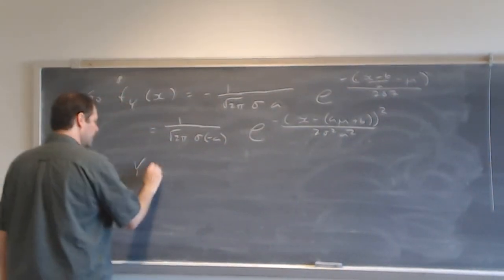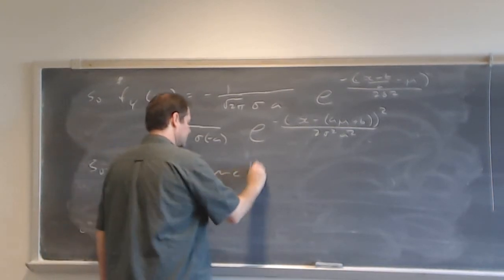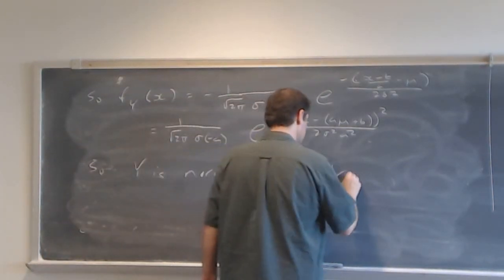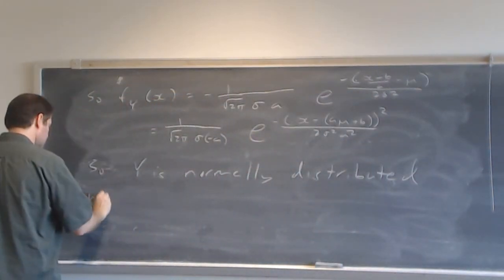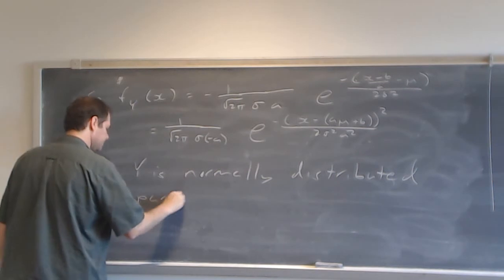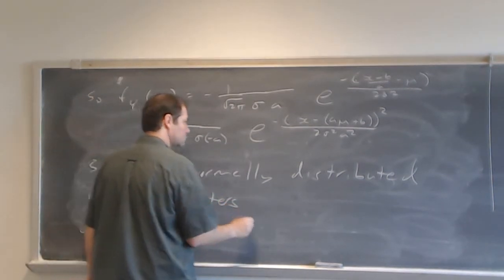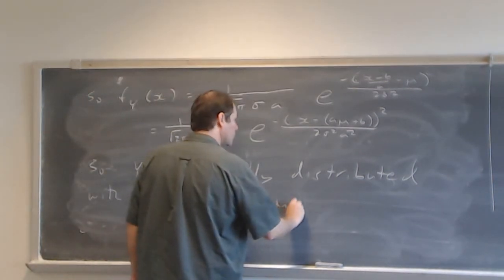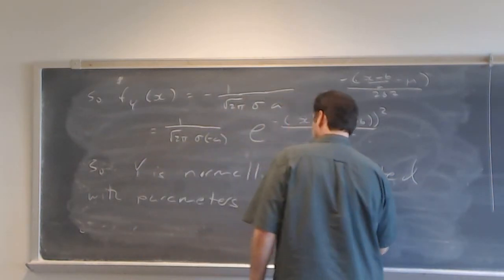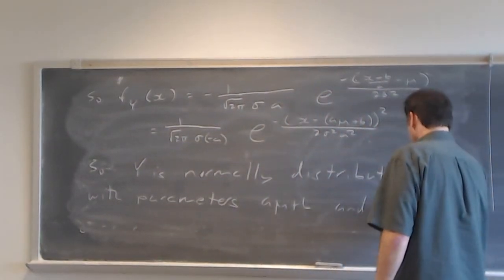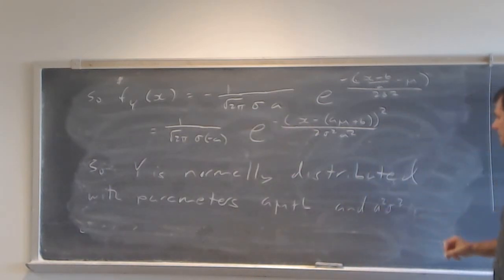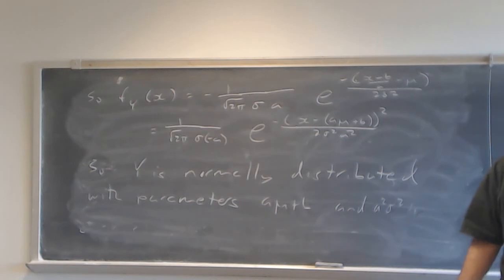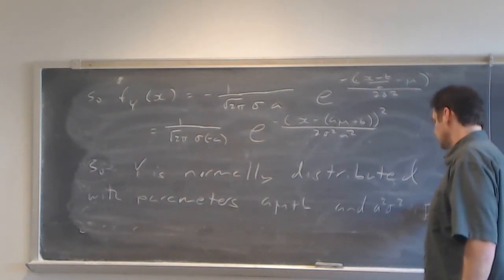So y is normally distributed in this case, with parameters a mu plus b and a squared sigma squared. That's what we have in this case. It's what we had in the previous case. So in all cases, we get the result we want. So that's the proof.